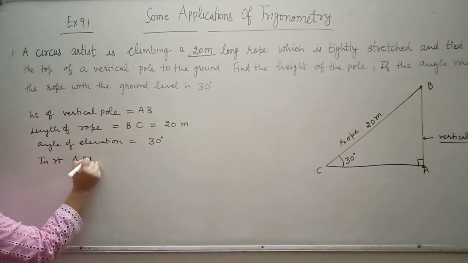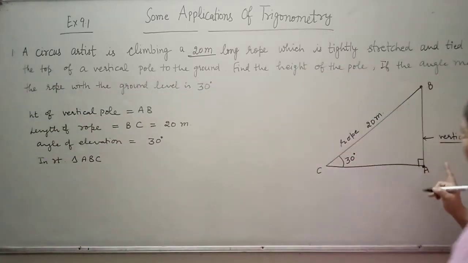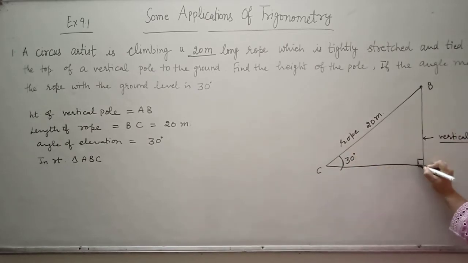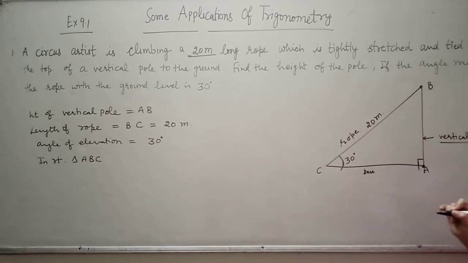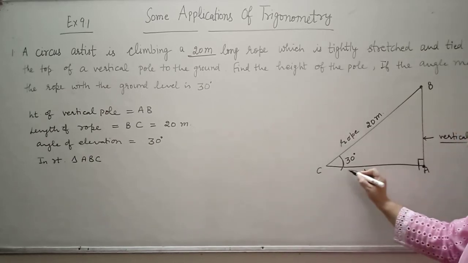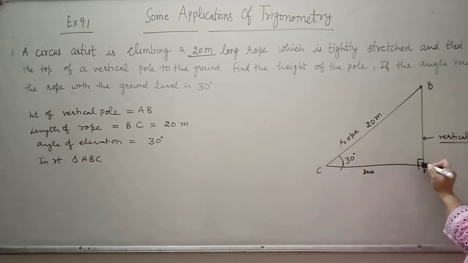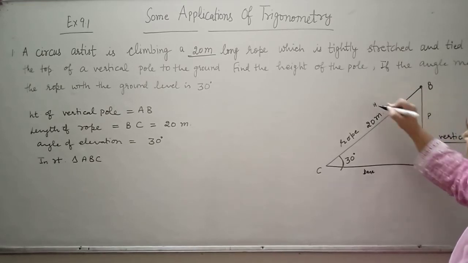Now in right triangle ABC, pay attention here. In this right triangle, if this is 30 degree angle and this is perpendicular, then this is the base. As I explained in my previous chapter on trigonometry, the base is the side included between this angle and the right angle, and this is perpendicular and this is hypotenuse.